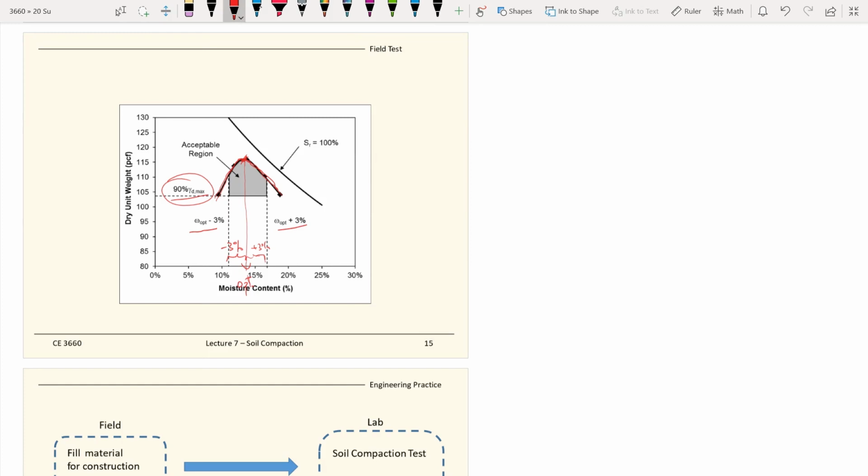So this optimum point is always the best to achieve, but you need to realize that it will be very expensive to get to that point, and sometimes it's almost impossible. Because it may take a lot of compaction effort to get there, which means if you take a long time to get there, it costs a lot of money, and in our business, time is money.